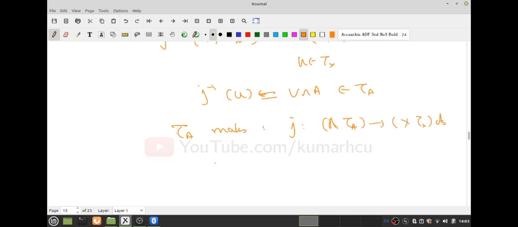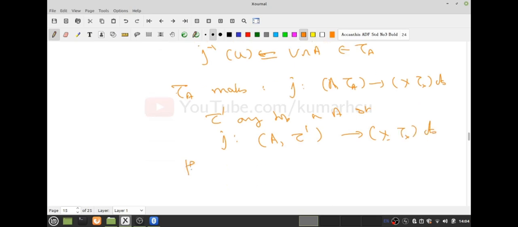Not only that, if tau prime is any topology on A so that this map from (A, tau prime) to (X, tau X) is continuous, then tau A is coarser than tau prime, that is, tau prime is larger.